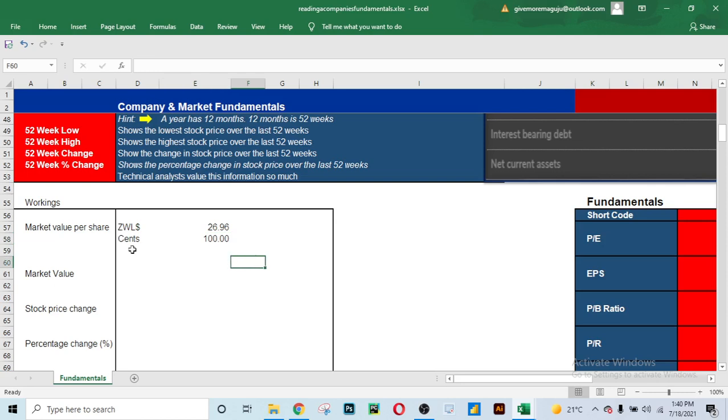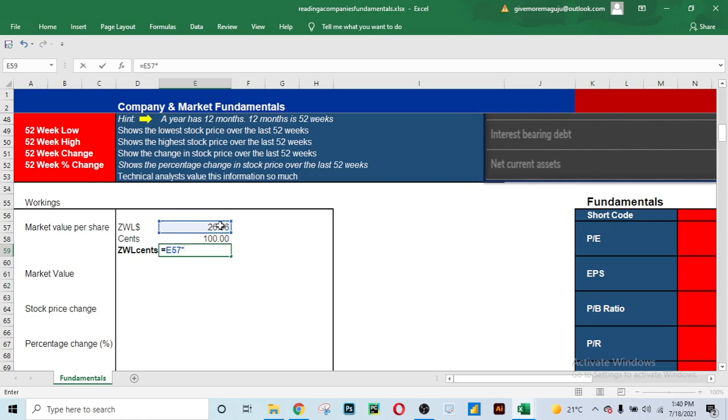Perfect. Let's put here the share price in cents. How much is the share price in cents? In order to compute that, we say equals, and multiply this share price in dollars by 100 to convert it to cents.